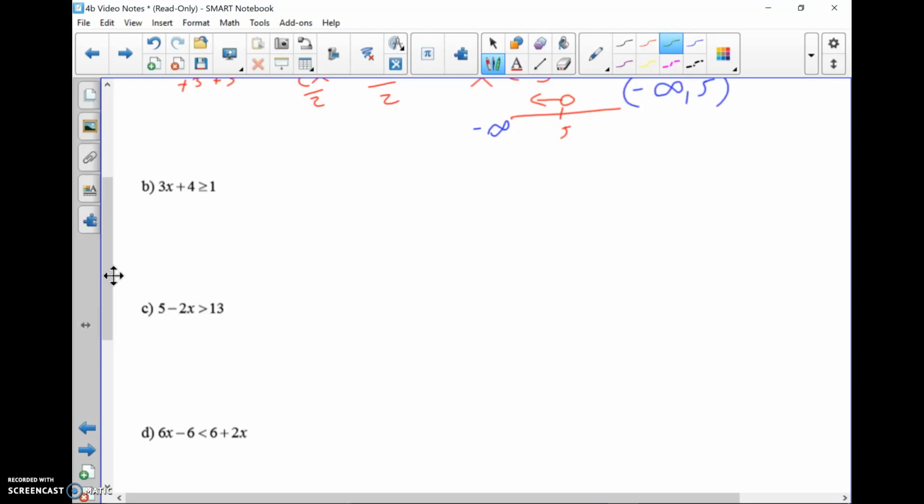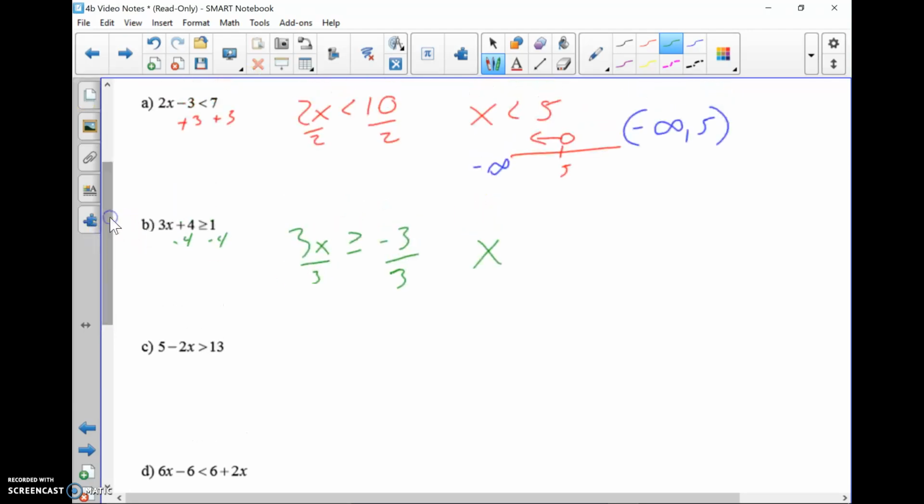No. So this is a very basic two-step, I'm going to try to get x alone. First, I subtract things away. So this will give me 3x is greater than or equal to negative 3, and divide. Divide by 3. Divide by 3. Now, in this case, notice that on the first example, I did not flip the sign because I divided by a positive.